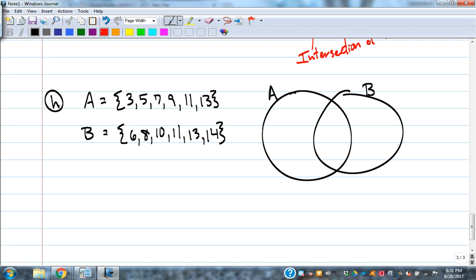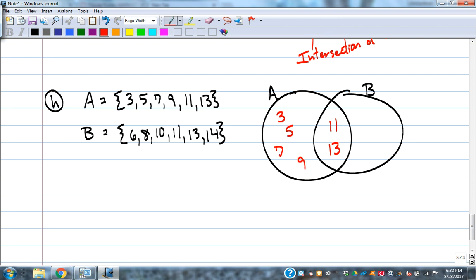What numbers would go inside the intersection? 13 would. What else? 11. Those are the 2 numbers that are in both sets. Over here on the left side, we need all the rest of the numbers that are in A: 3, 5, 7, 9.